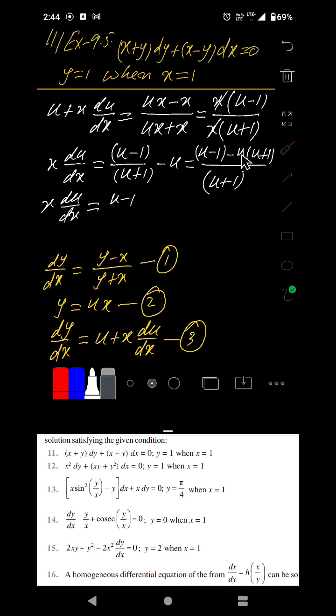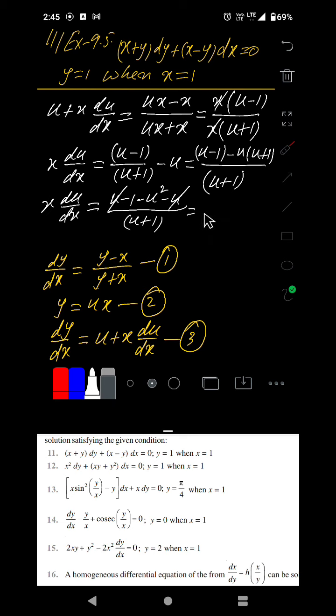Opening this bracket, minus u will multiply both the terms. We have -u² - u divided by u + 1. Now this u is positive and this u is negative, both are cancelled with each other, and we are left with -1 and -u².